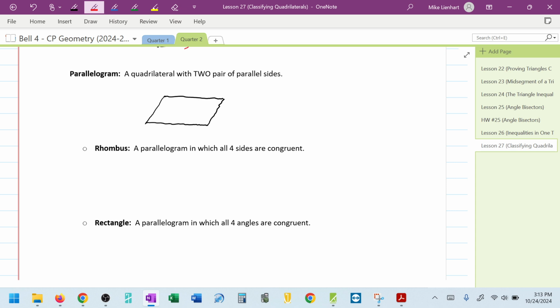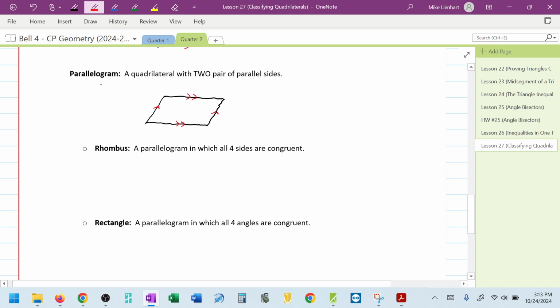How do I know it's a parallelogram? I know because we have one pair of parallel sides and a second pair of parallel sides. Now, we're going to learn all kinds of properties about the parallelogram, but number one, what makes it a parallelogram is two pair of opposite sides parallel. Okay?